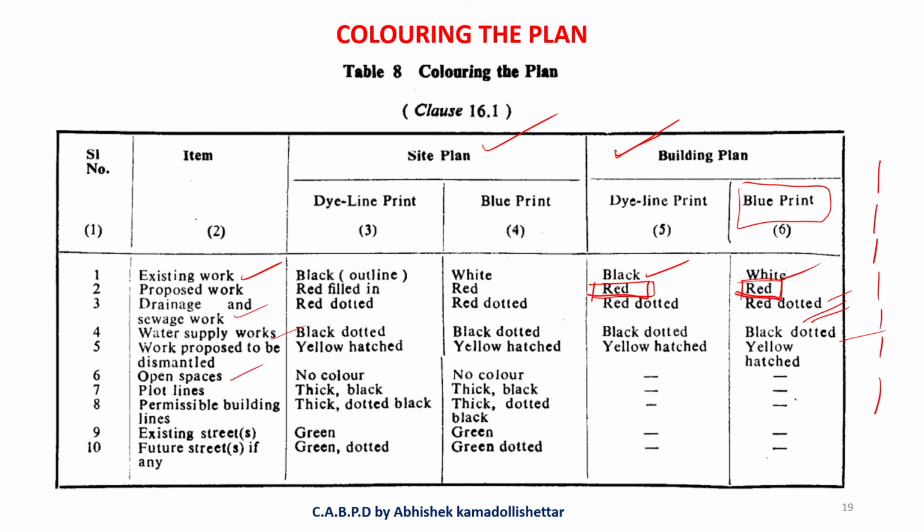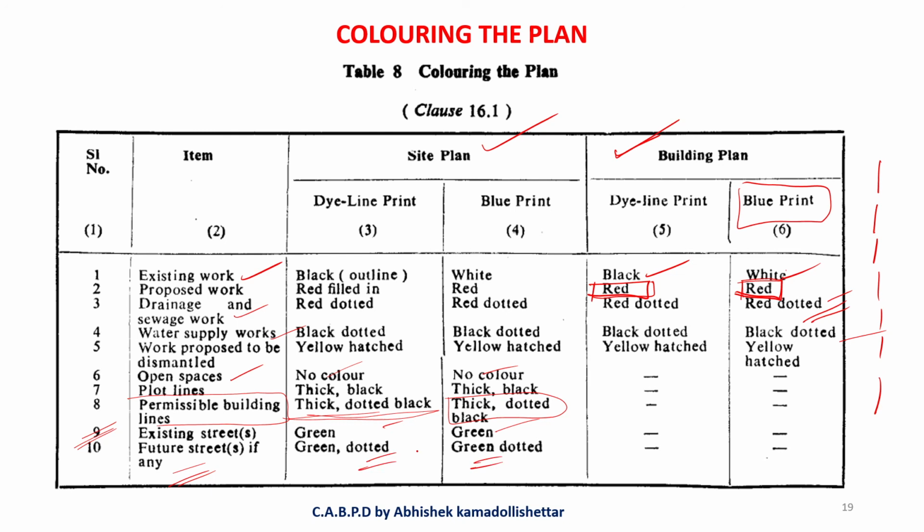Open spaces, you don't have anything to mention there. So in this plan, open spaces, no color. Here also no color. Permission building lines should be thick black dotted. Existing streets should be in green color. Future streets, if any, should be green and dotted.